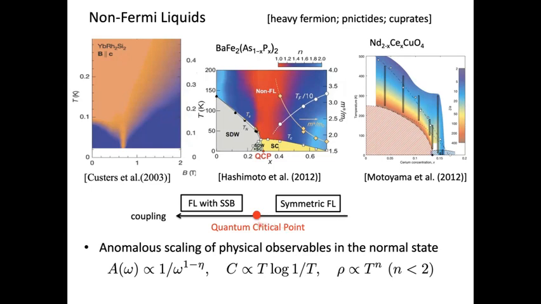These gapless electrons are coupled with some collective modes, which are also gapless. And if the coupling is strong enough, it destroys the coherence of quasiparticles, and you have anomalous behavior in the normal states, as we all are familiar.